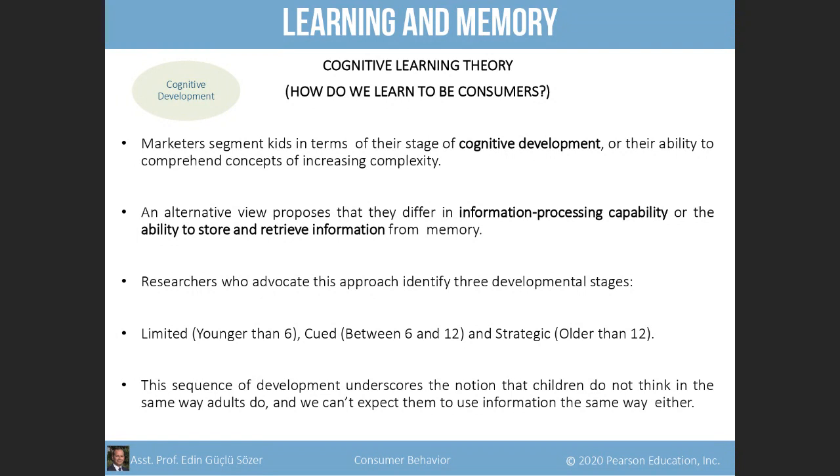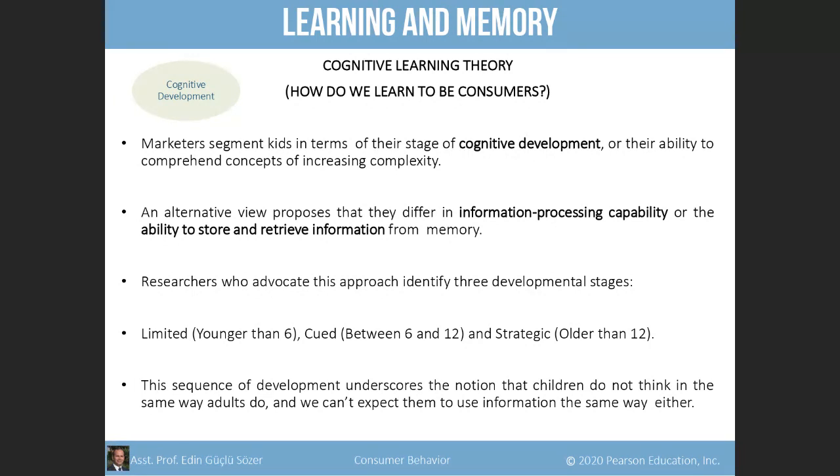But children older than 12 become more strategic. They can understand the message, process the information, and decide consciously and rationally on some advertisement or product consumption.